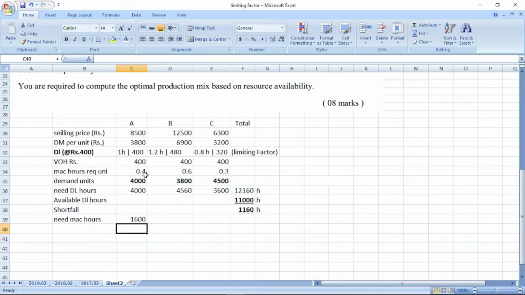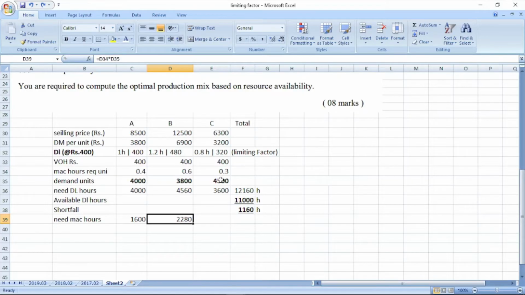So 0.4 hours into 4,000, it is 1,600. For a B product, we need 0.6 machine hours, so 0.6 into 4,560, it is 2,280.